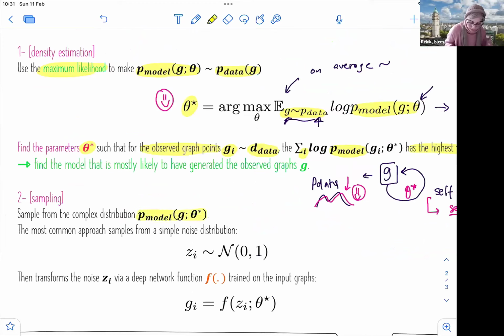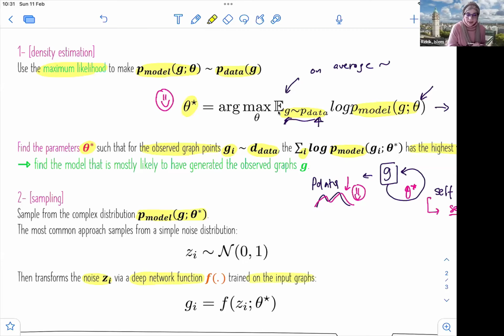The most common approach is to sample from a simple noise distribution, which means we take z_i from the normal distribution, and then we transform the noise z_i via our deep neural network function or GNN function, which was trained, of course, or optimized on the input graphs.